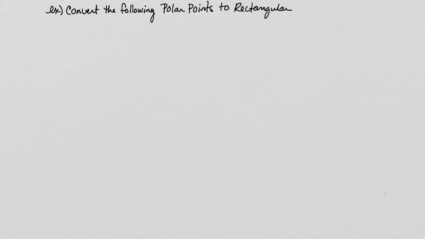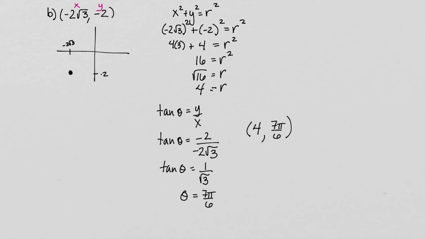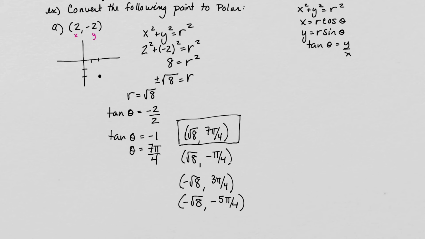So either one, and they're talking about the same thing. So A is negative 3, comma, 5 pi over 4. And let me just go back here and grab these equations here.